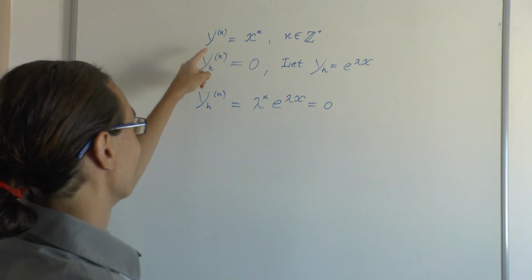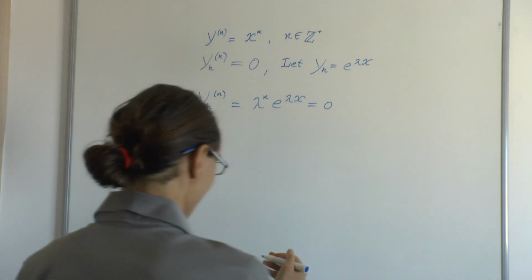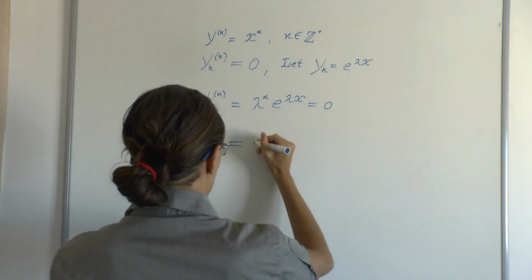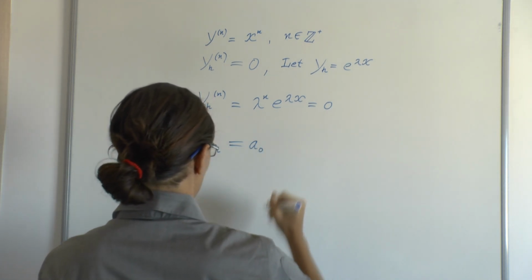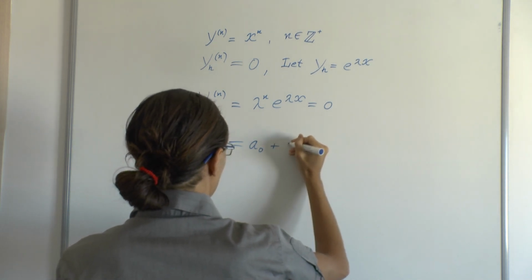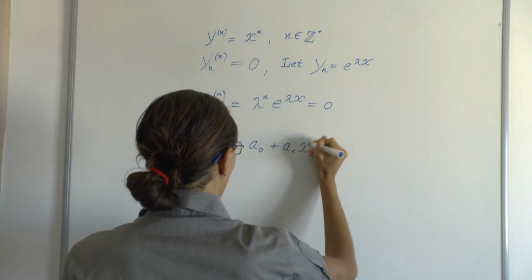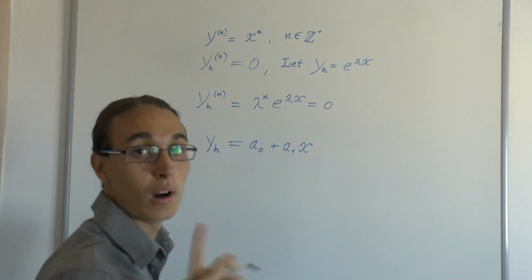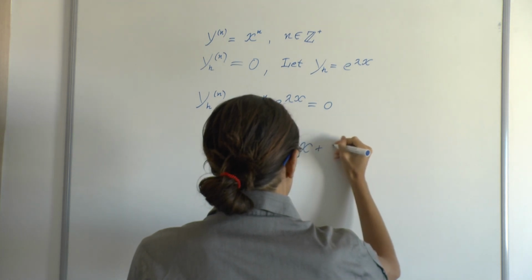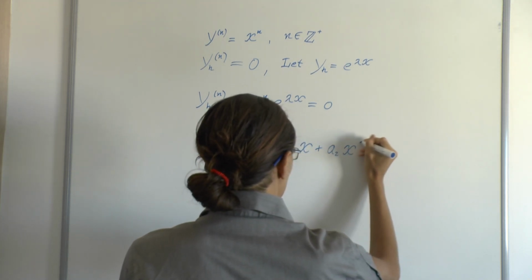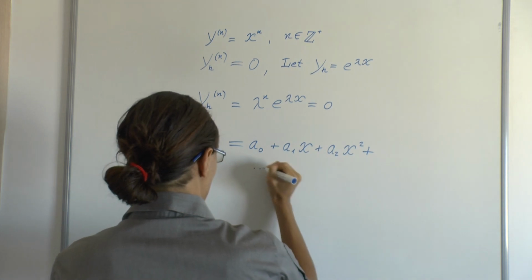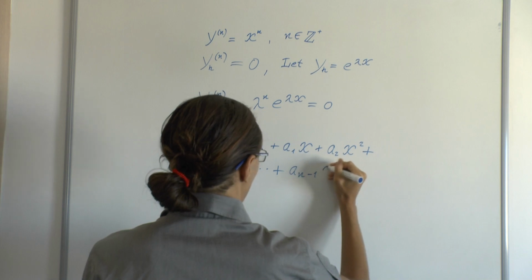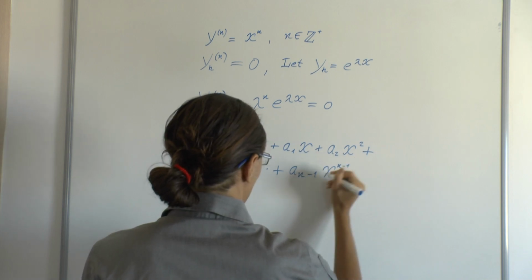But here, since we're differentiating n times and we have multiplicity n, our homogeneous solution is going to be a polynomial. So we'll start with a0 plus a1 x, plus a2 x squared, up to a_{n-1} x to the n minus 1.